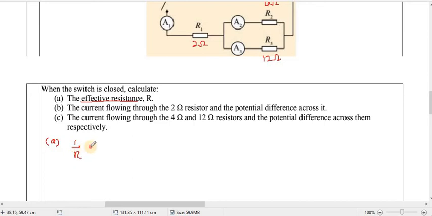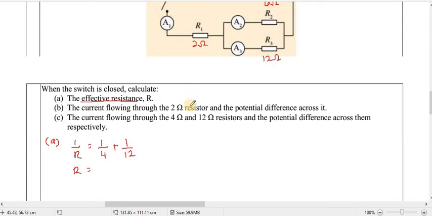So 1 over R equals 1 over 4 plus 1 over 12. So you will get how many? How much?